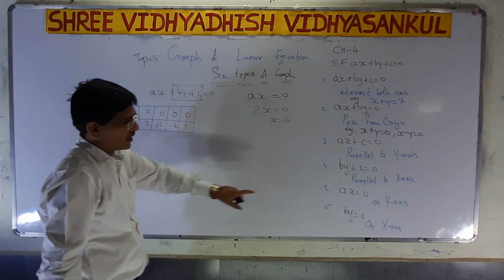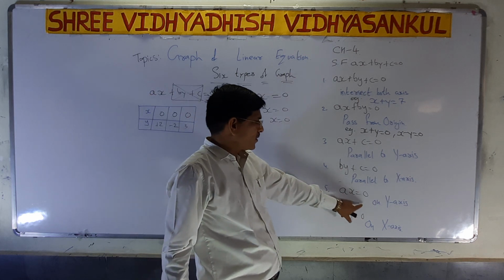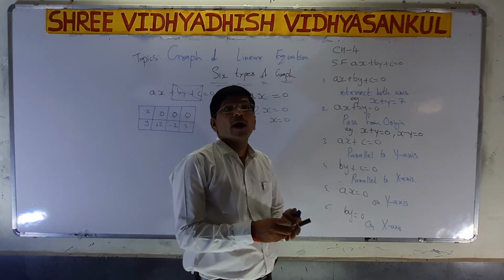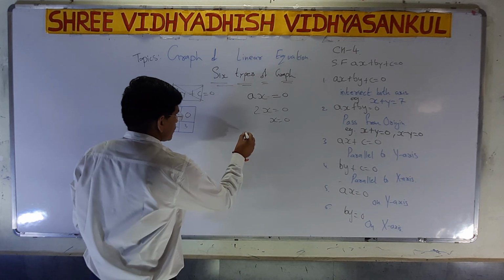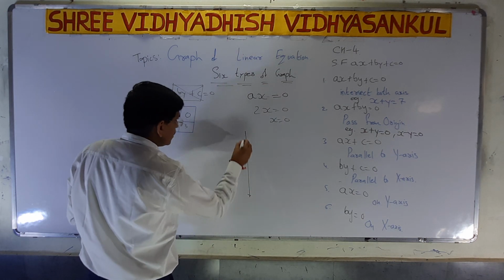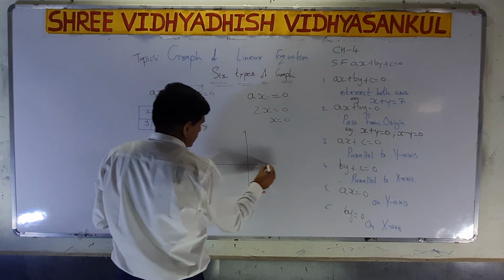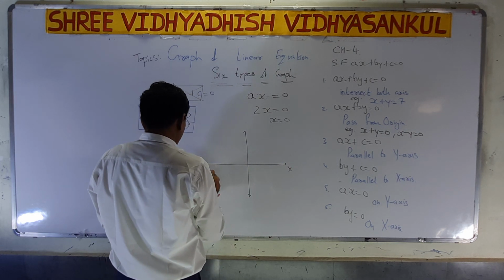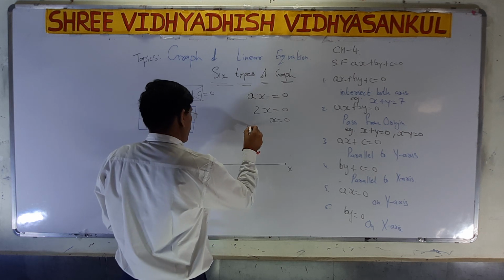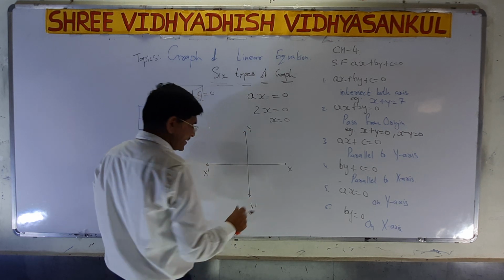But again, ax is equal to 0 is on the y axis. The graph is on the y axis. So first of all, we have to draw the graph, that is always x dash, y dash.